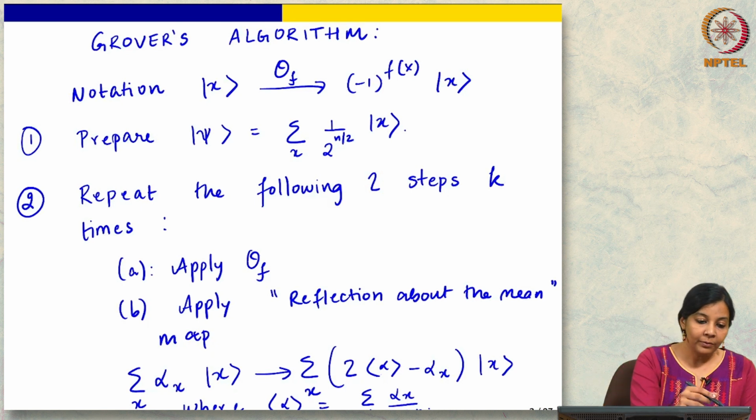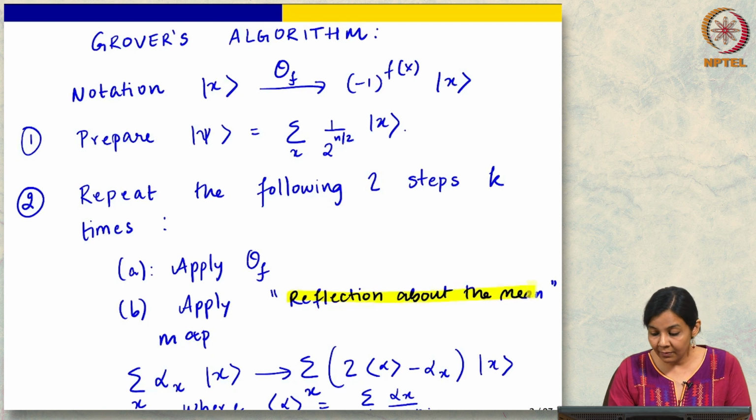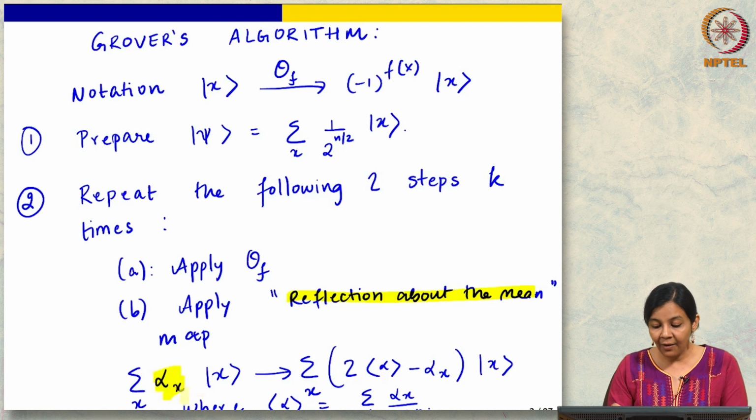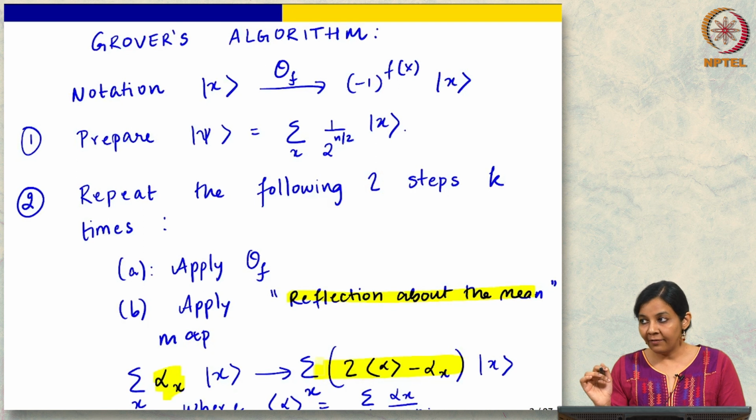So, this step is so far a mysterious step. This is what I call the reflection about the mean map. What it does is that it converts alpha x to 2 alpha minus alpha x.